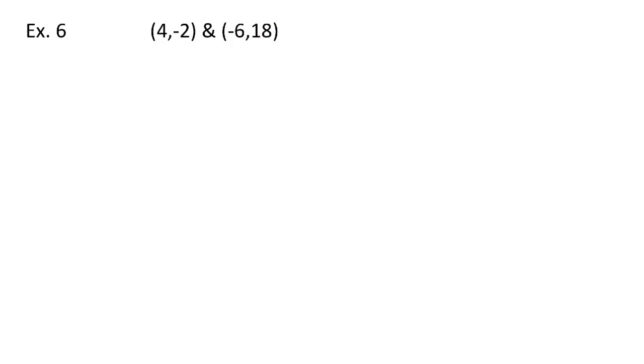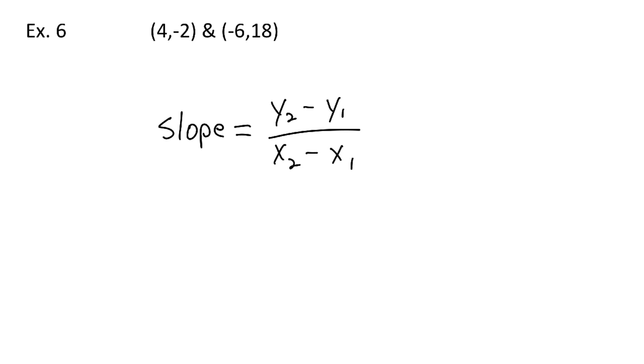Let's take a look at one last example, example 6. So here is the general formula for slope, and in this situation we are going to make the 4, -2 our x2, y2, and the -6, 18 our x1, y1. It doesn't matter which is which.